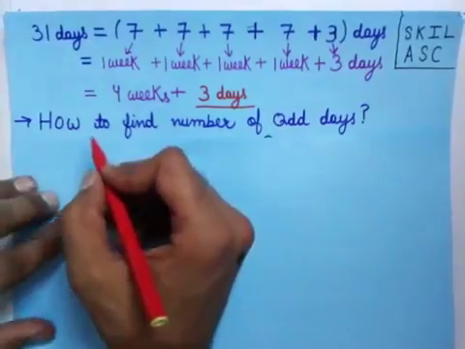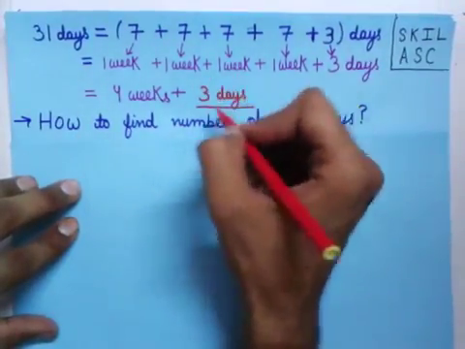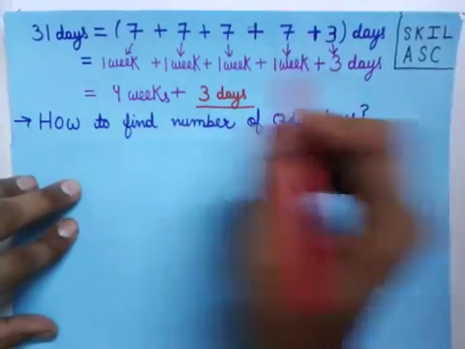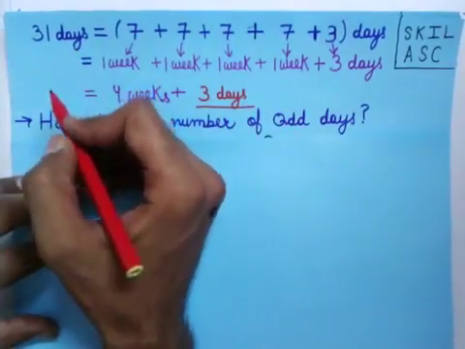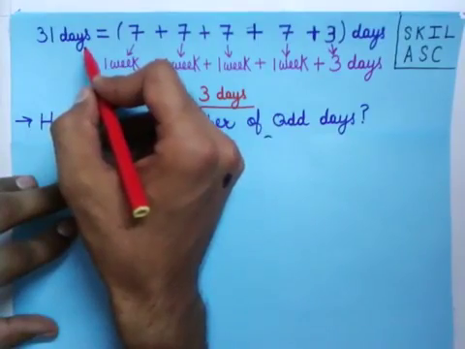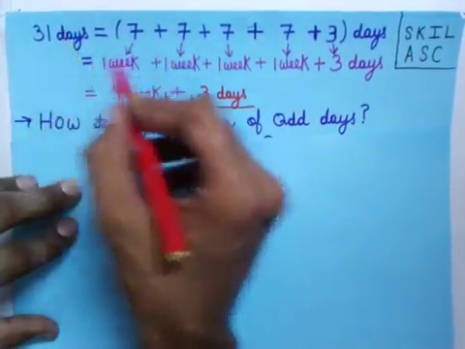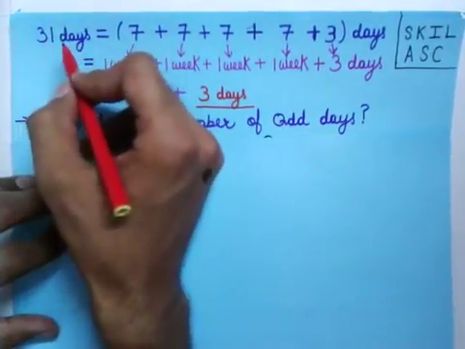Now the question is how to find the number of odd days. We know what are odd days. Now we have to find the number of odd days. We see here we have 31 days. Now if we divide it by 7, or we can say if we divide it by a week, then that week will cancel out all the weeks in it.